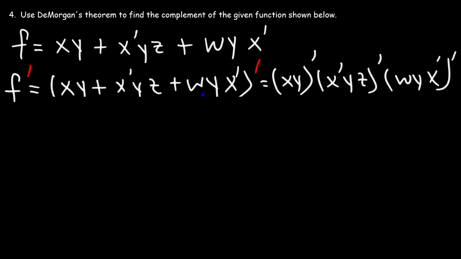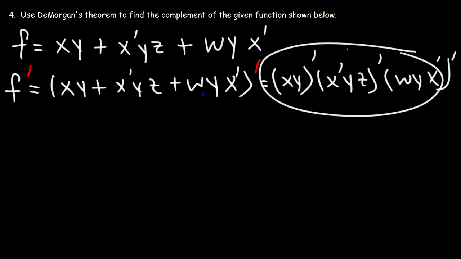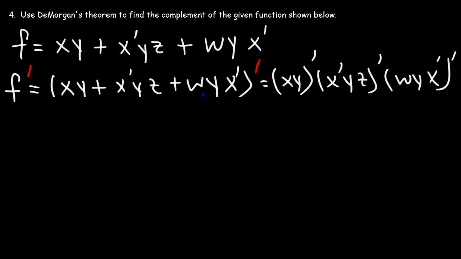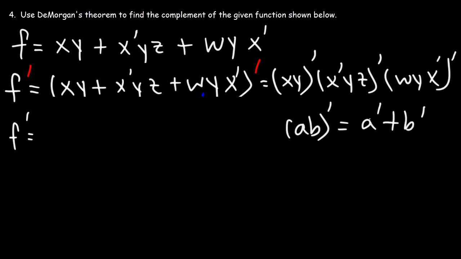Now what's our next step? Starting from this point, we need to use another formula. So let's use this one: AB prime is equal to A prime plus B prime. So here we have XY prime.